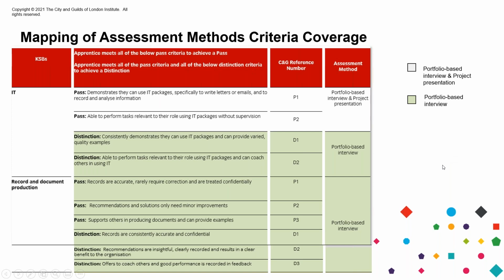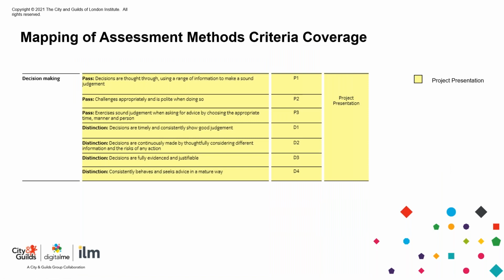Decision making is made of 3 passes and 4 distinctions, D1 to D4. This is highlighted in yellow, which means it will be assessed only in the project presentation.